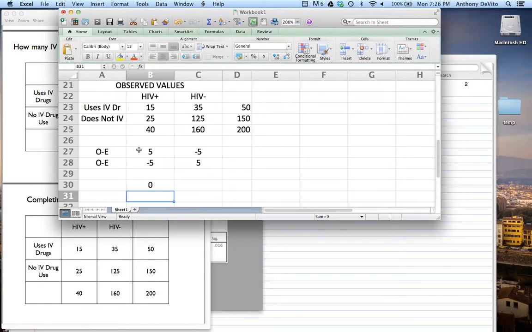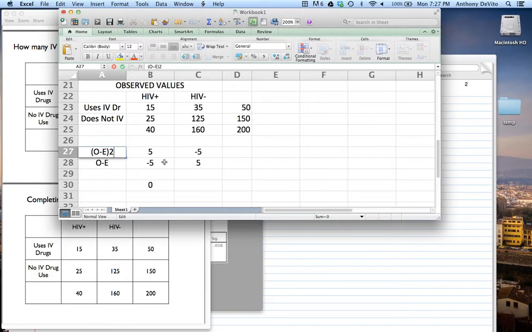So as we've done in the past, we do a little bit of a trick here. Instead of being equal to just the observed value, I'm going to say it's equal to the observed value minus the expected value, squared. And that's going to square that number, which means it's going to be positive. So all of the numbers will be positive.